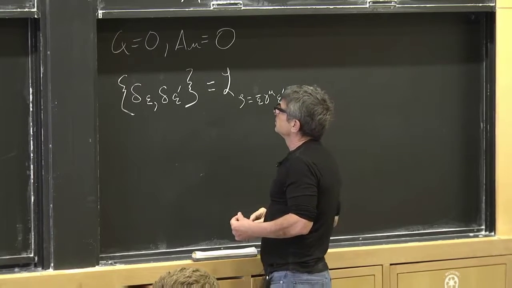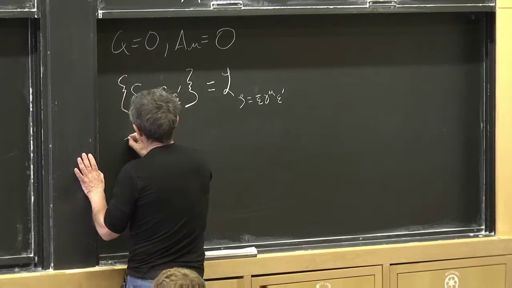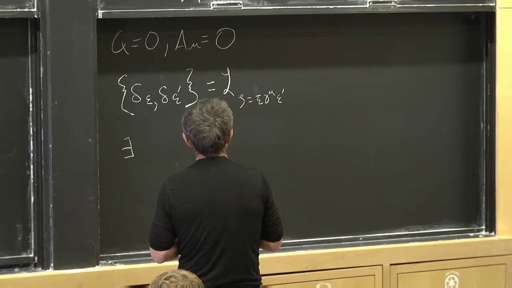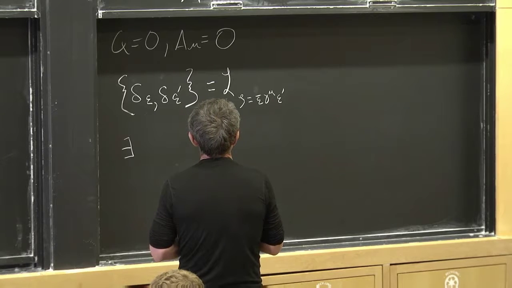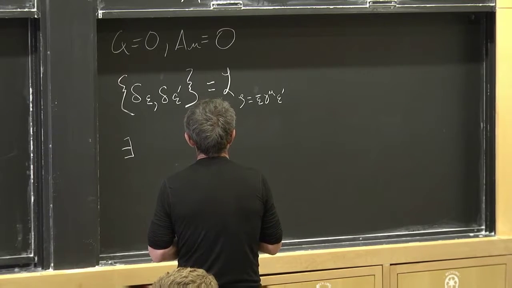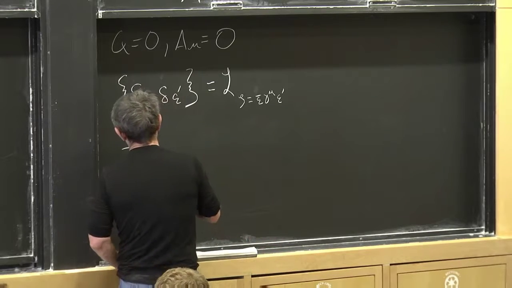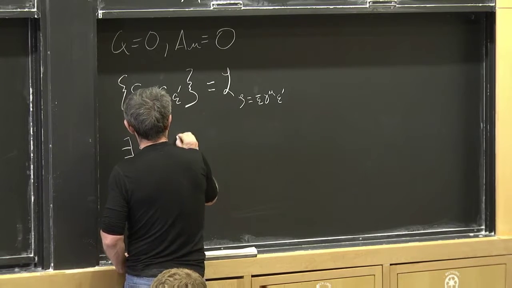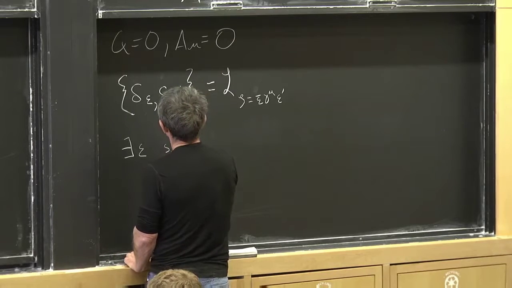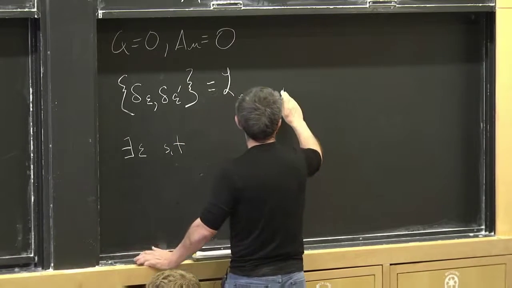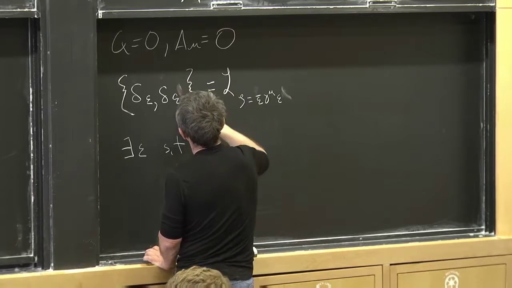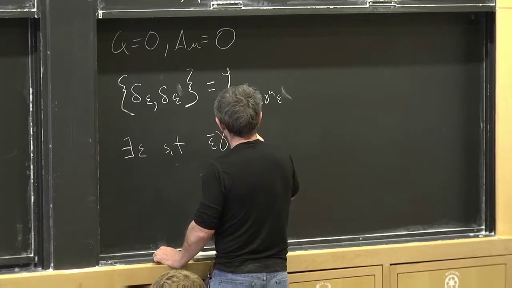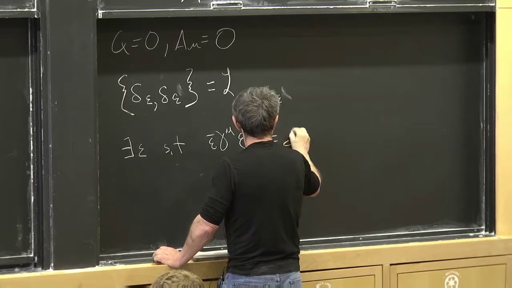Now, there exists epsilon, I could take epsilon equal to epsilon prime, such that epsilon bar gamma mu epsilon d mu is equal to d by dt.